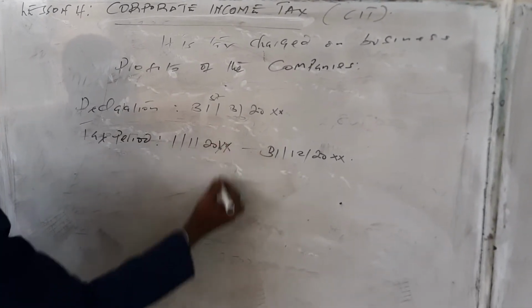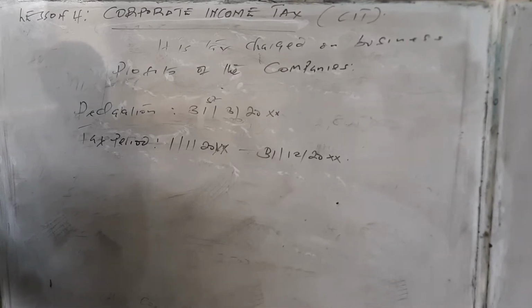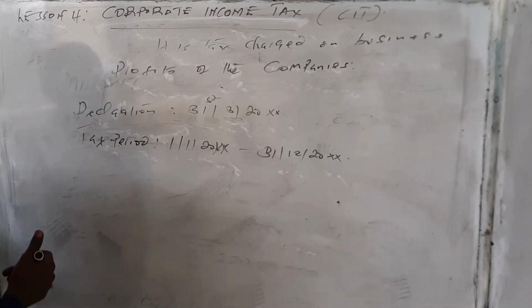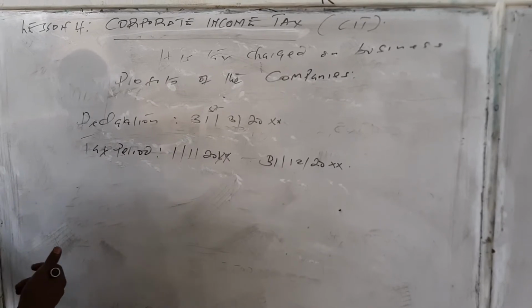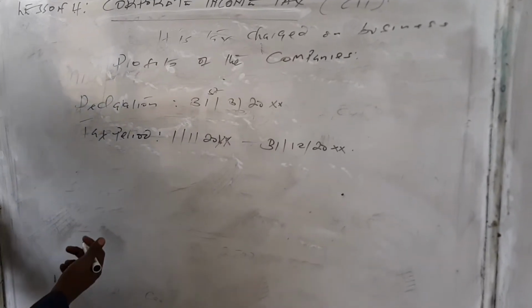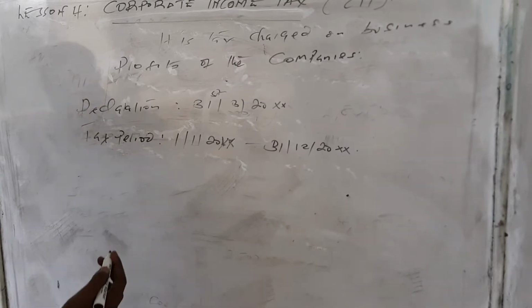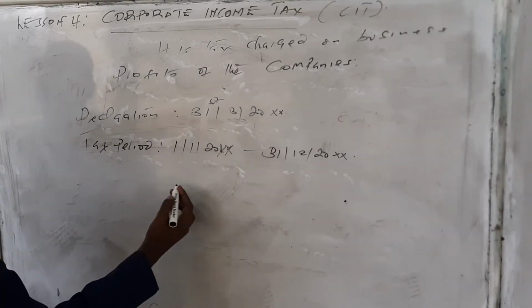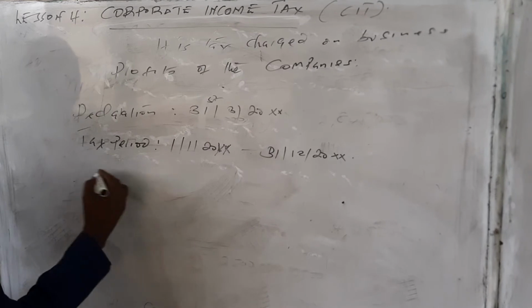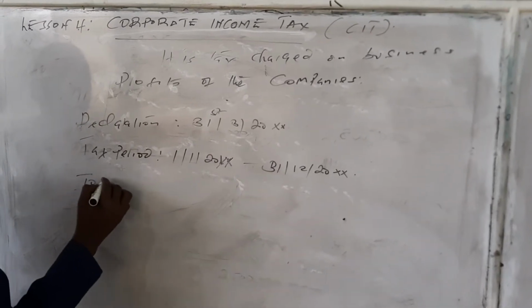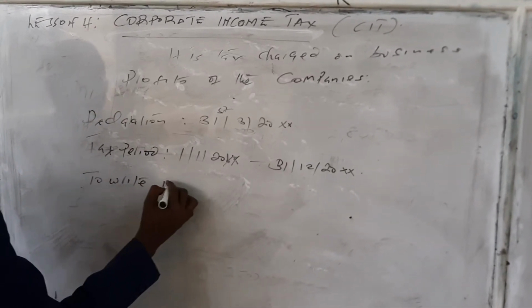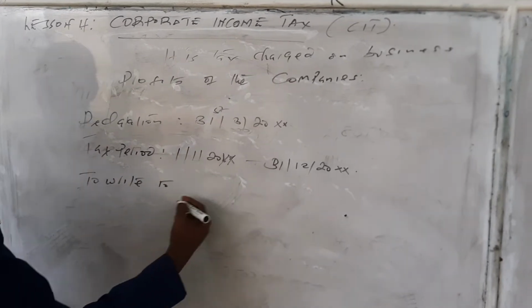So what happens here, the tax period may change. Where do you apply for the tax period changing? When you want to change the tax period, you need to inform or to write to the Minicofin.